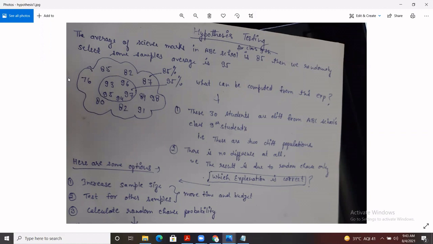I'm just giving you one example here. Let's say any company claims that their particular product is killing 99.9% of germs, something like that. So they are 99% sure that this is what the product is doing.